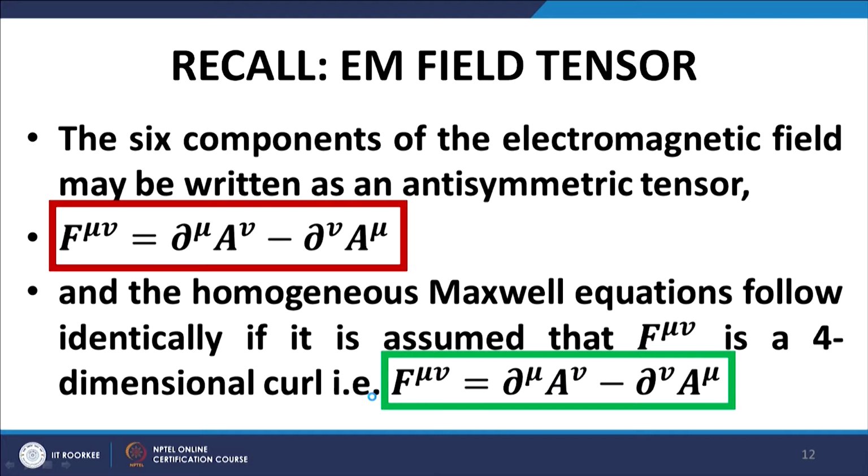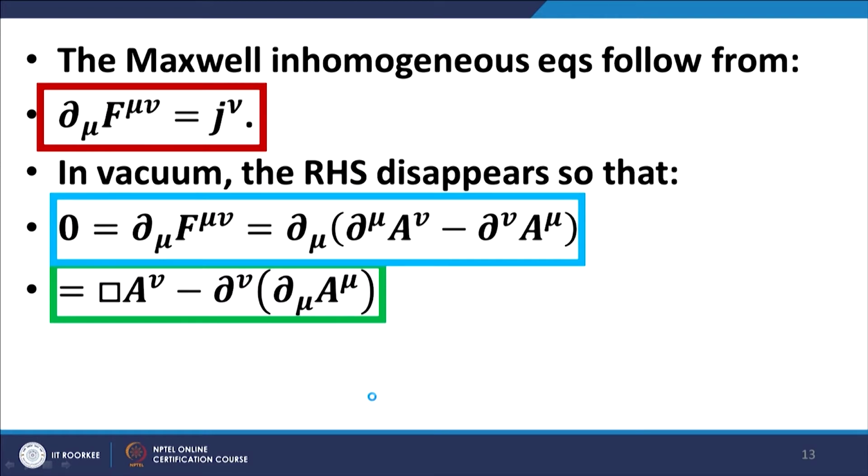To recall, the electromagnetic field tensor we had defined in terms of the expression given in the red box here, the 4-dimensional curl. The derivative d mu of the electromagnetic field tensor is equal to J nu, the components of the current, and this encompasses the inhomogeneous equations.